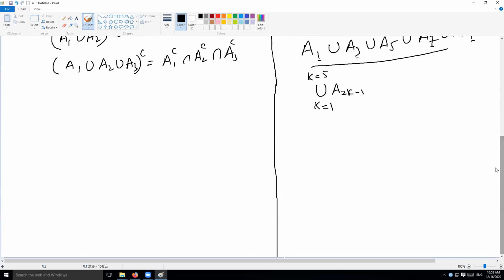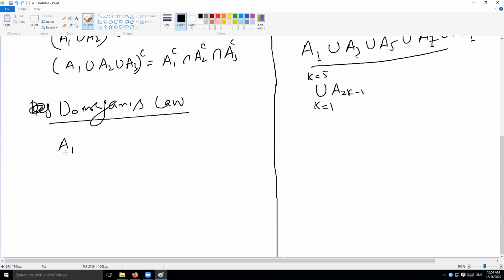By the way, if I have to write a De Morgan law in a more general sense, the thing that I'm doing with the union, I can also do with the intersections.